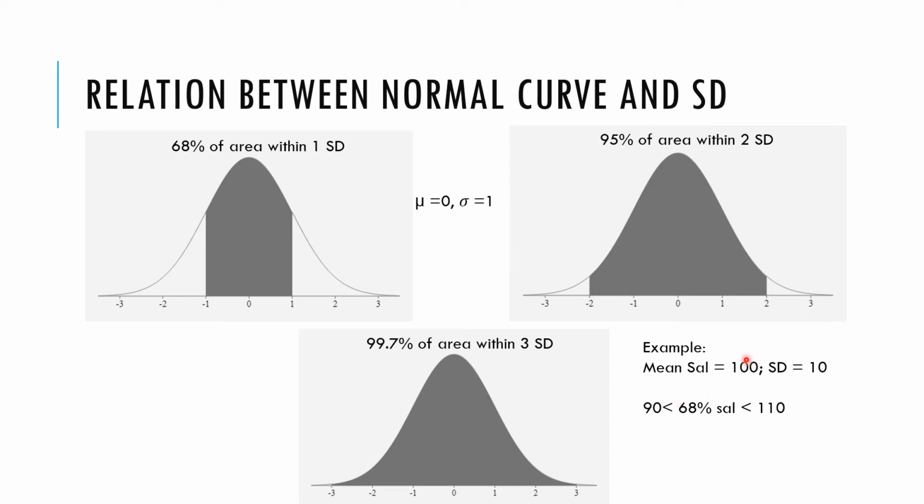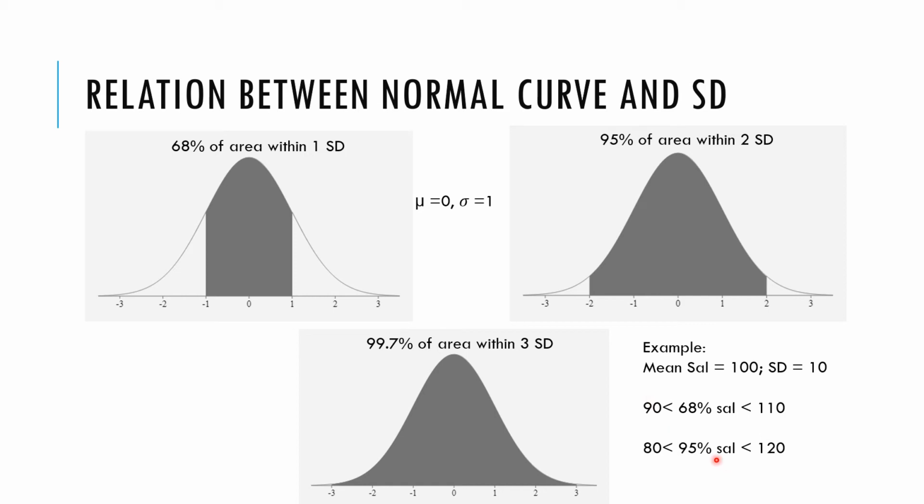So minus 1 SD is 90 and plus 1 SD is 110, right? 100 minus 10 is 90, 100 plus 10 is 110. So 68% of the salary values will be found within one standard deviation from the mean. That's what it means.